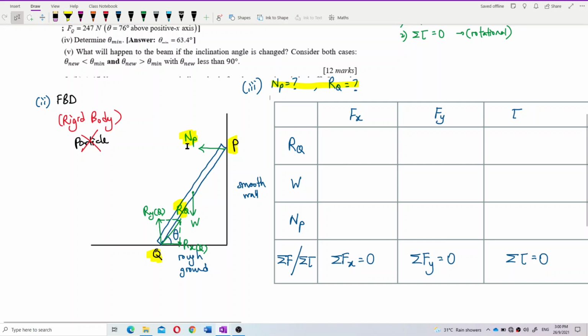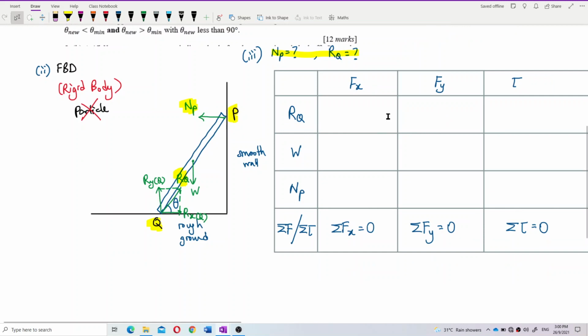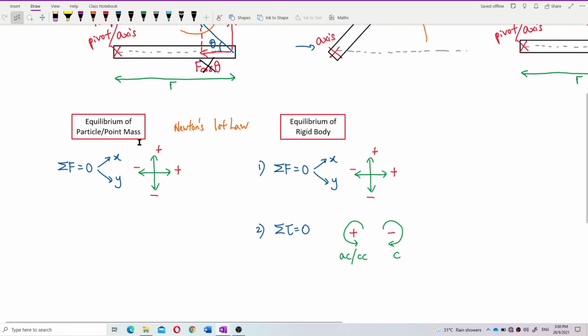Hold on a second. Look back to our concept. Total force equal to 0, Fx equal to 0, Fy equal to 0. How do we know the positive and negative sign? Look back to Newton's first law, equilibrium of rigid body.